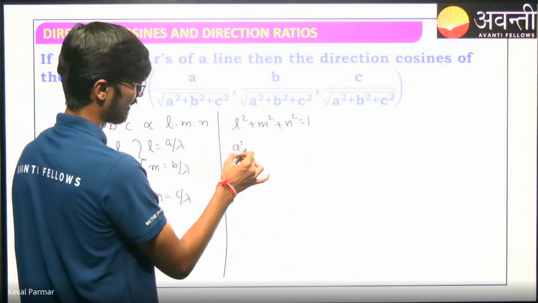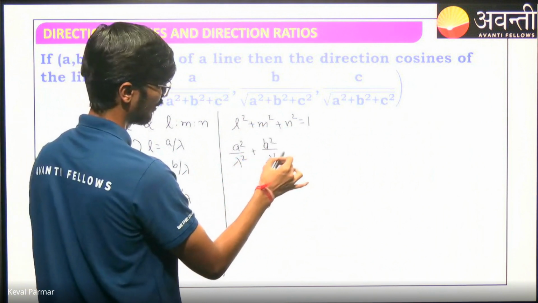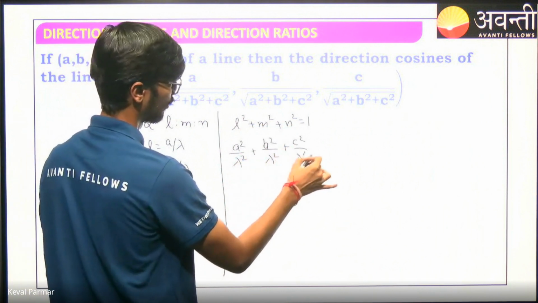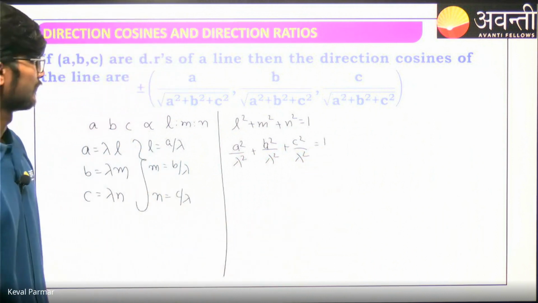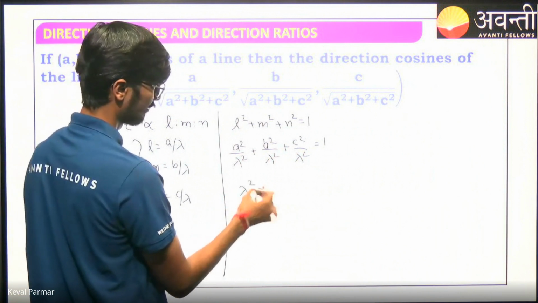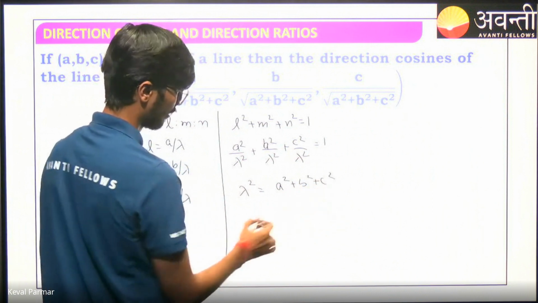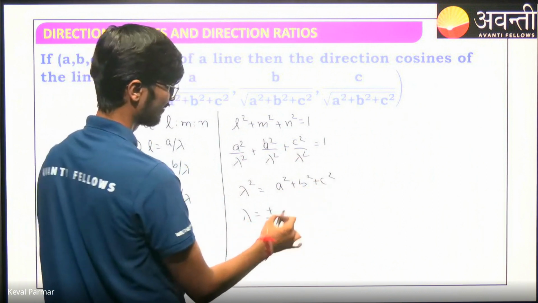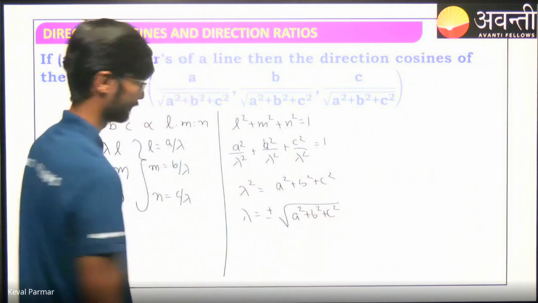So I'll get A square upon lambda square plus B square upon lambda square plus C square upon lambda square is equal to 1. Am I correct? Yes. So here I'll get lambda square is equal, so I'll take LCM, A square plus B square plus C square. So what is lambda? It will be plus minus under root of A square plus B square plus C square.